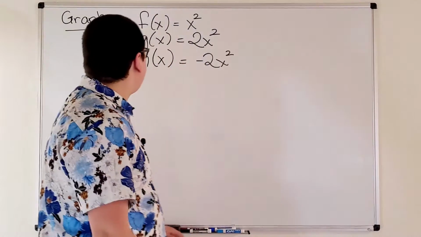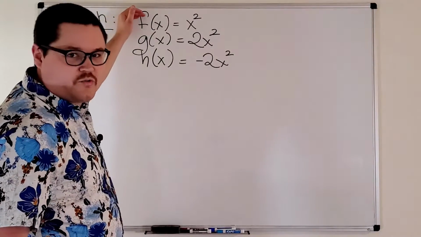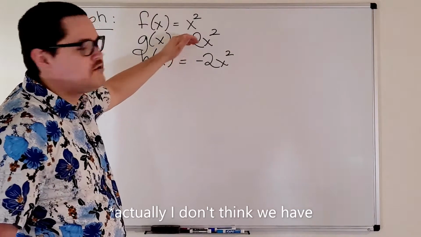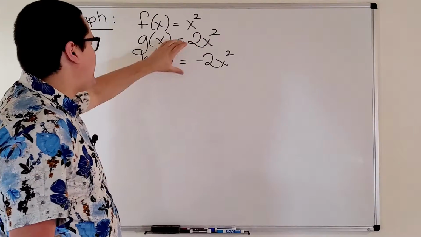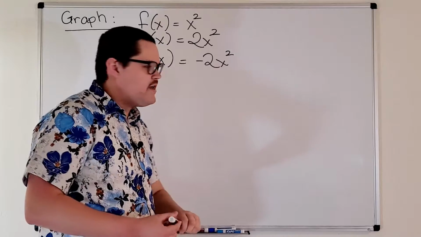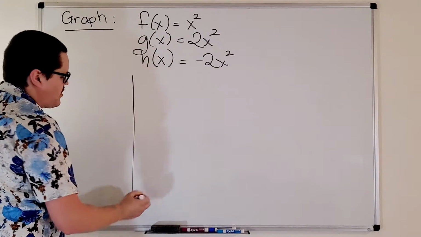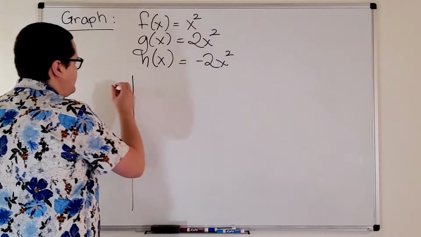First order of the day, we need to graph these three functions: x squared, which we've done before, 2 times x squared, and negative 2 times x squared. Let's get going. All right, so we're going to make a t-chart, as always.